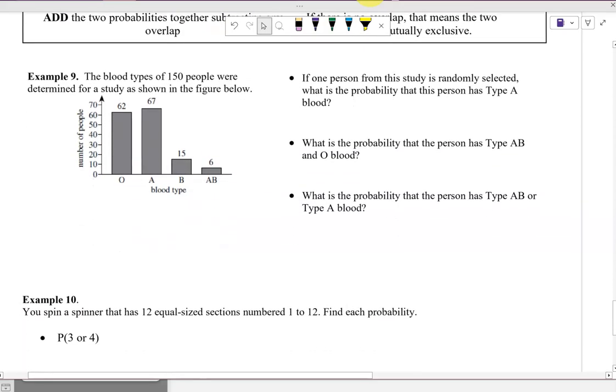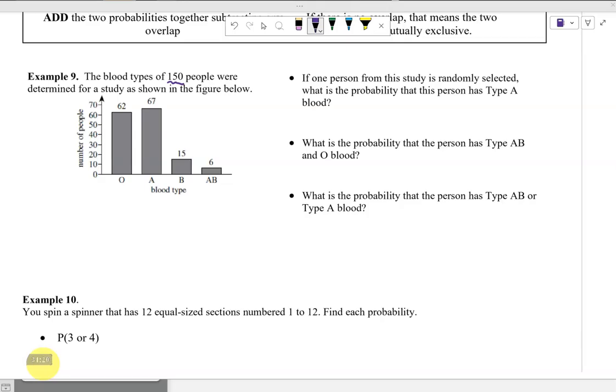Okay, blood types of 150 people are shown below. O 62, A 67, B 15, AB 6. Add those all up, you're going to get 150. If one person from this study is randomly selected, what's the probability that this person has type A blood?